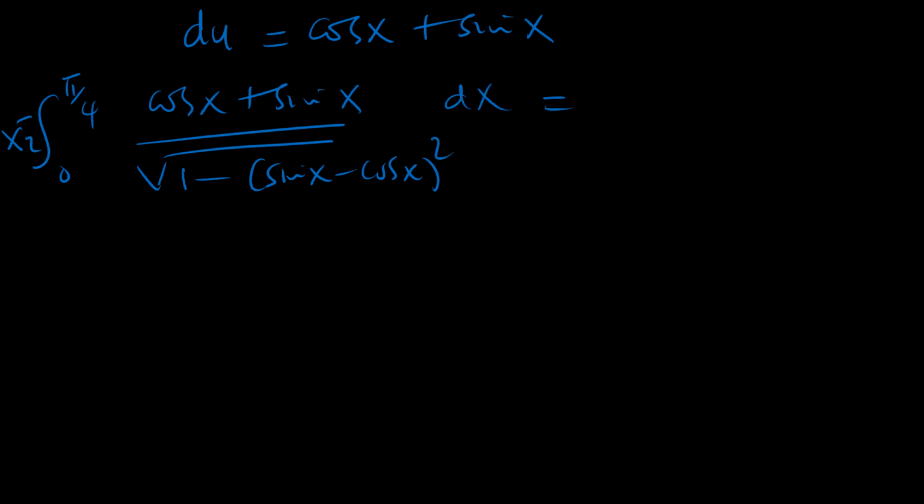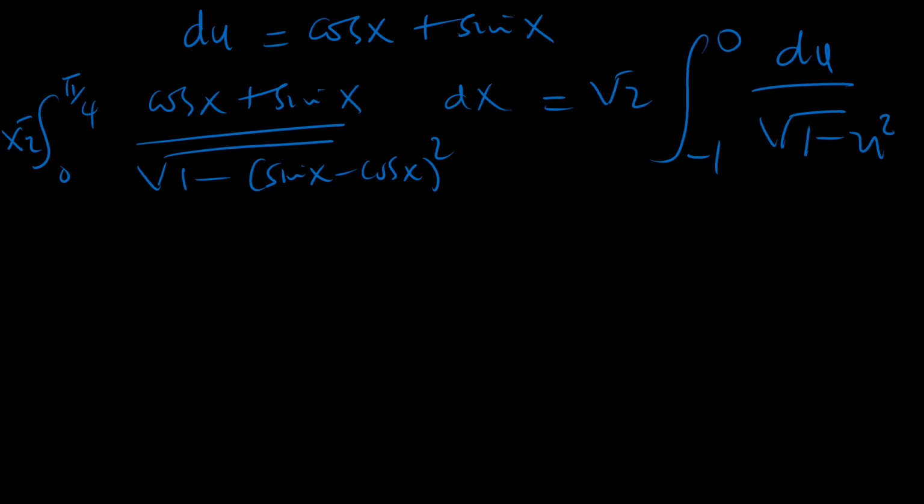Since u is sine x minus cosine x, at 0 we have negative 1, and at the upper limit we have 0, because sine x and cosine x are the same at pi over 4 and so they subtract out. So we have du over the square root of 1 minus u squared.